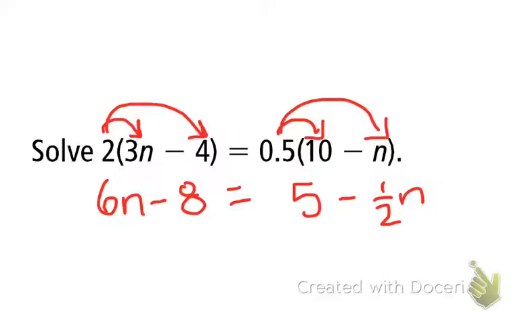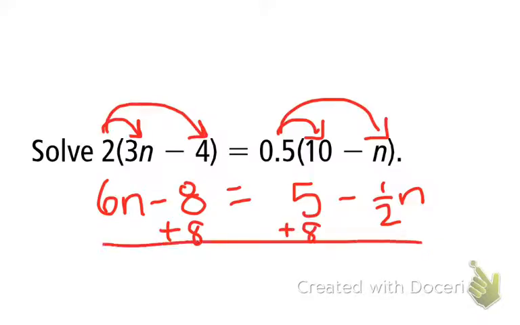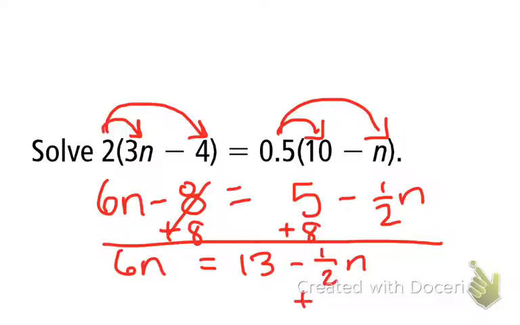So the first thing we're going to want to do is move the constants to one side, and I'll go ahead and add 8 to both sides. Bring down the 6n. Will be equal to 13 minus half of n. So then we'll move the variable term to the left.